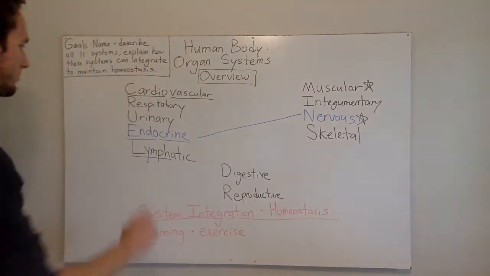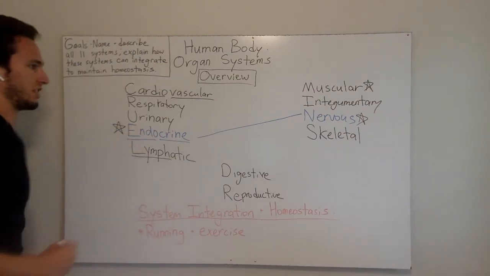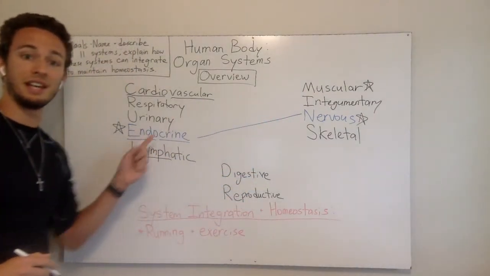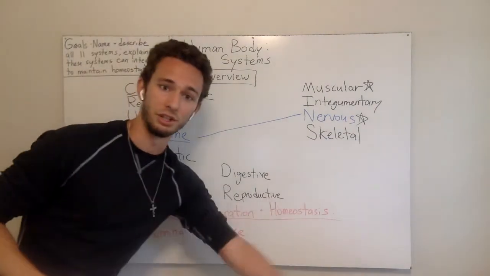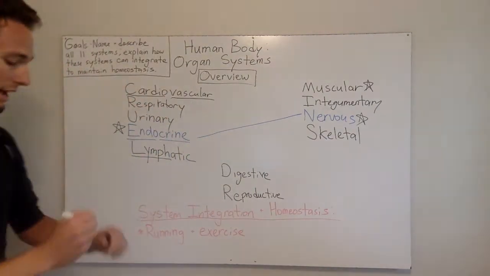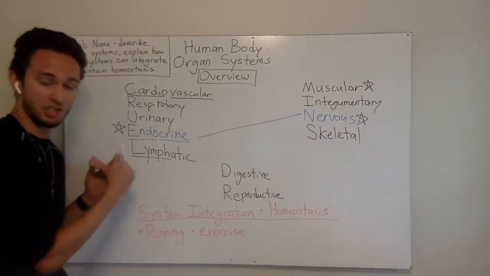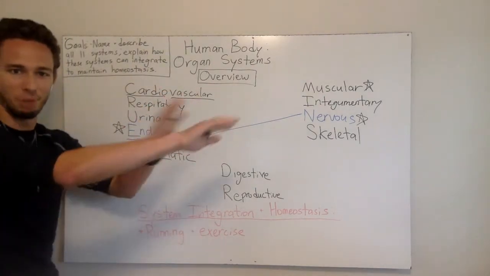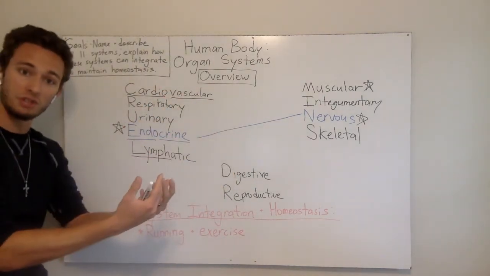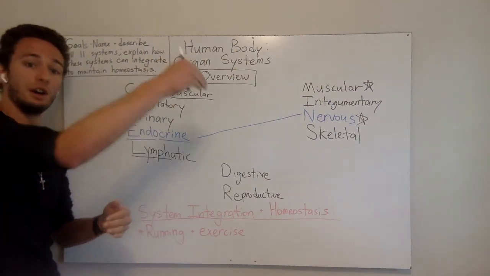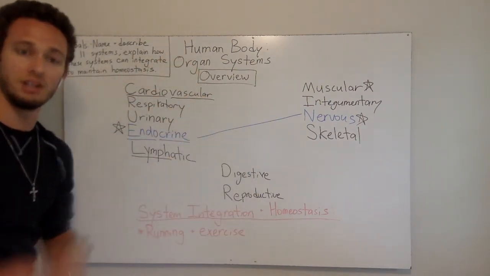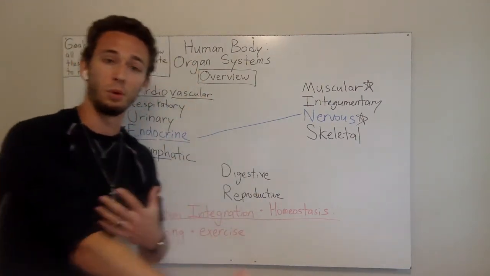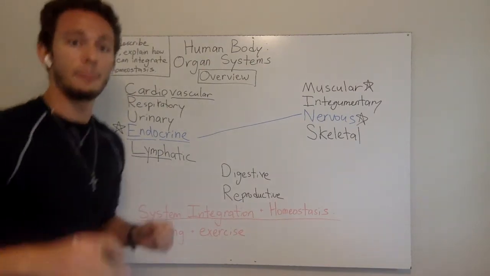That signal is sent by the endocrine system once the nervous system tells it, hey, you've got to release some blood glucose into the body. The endocrine system tells different parts of your body to release glucose into your blood vessels so that your tissues can get more oxygen, more glucose, and therefore have more energy to run.